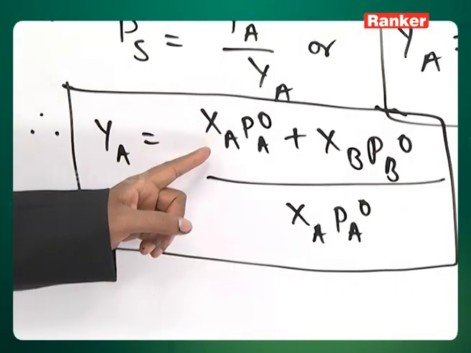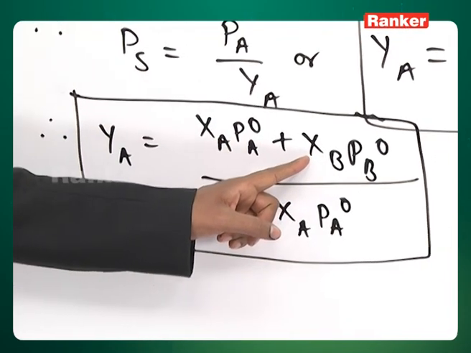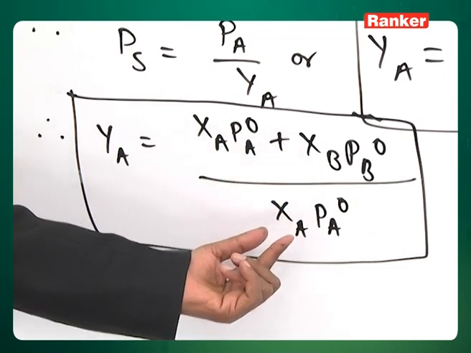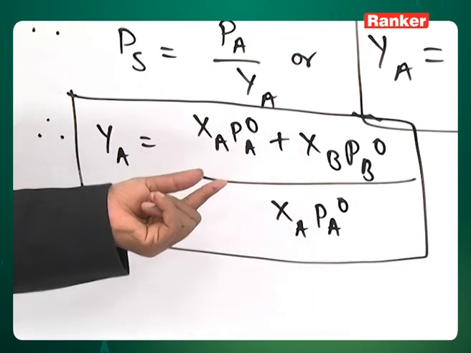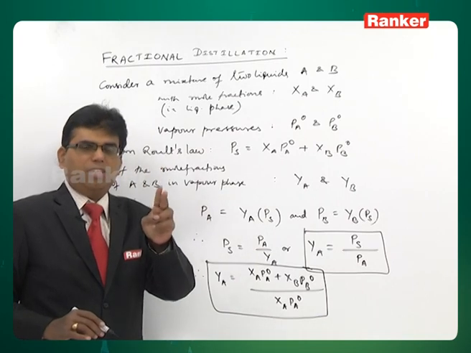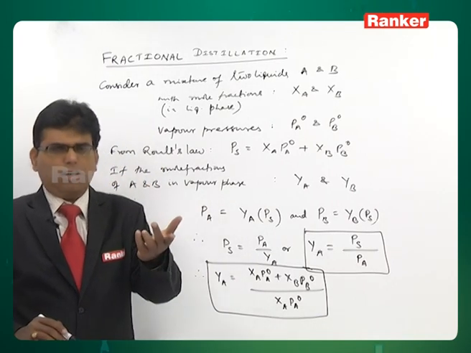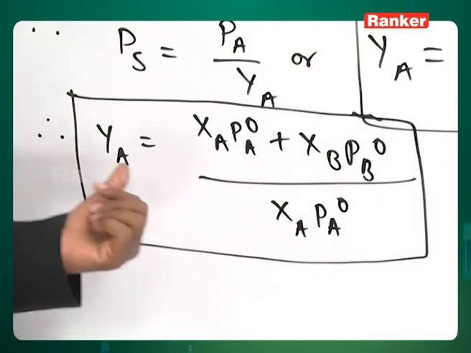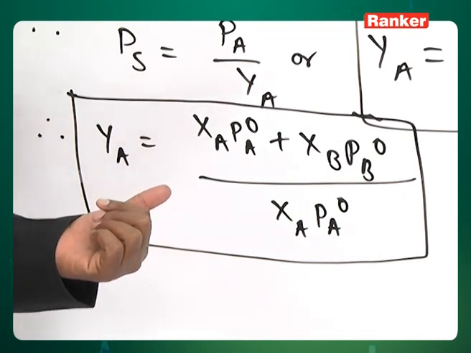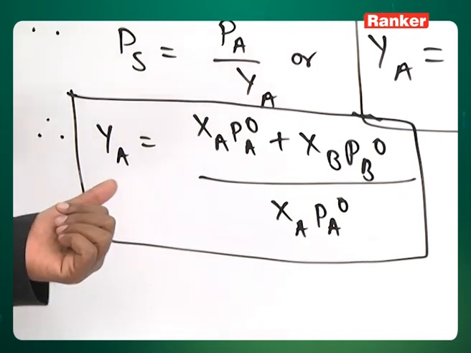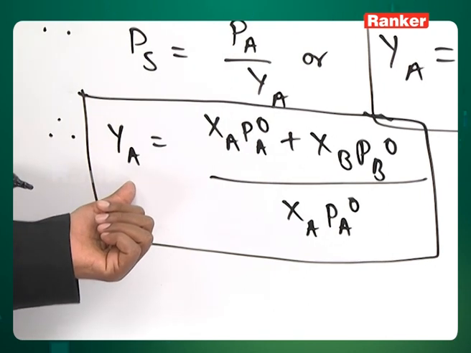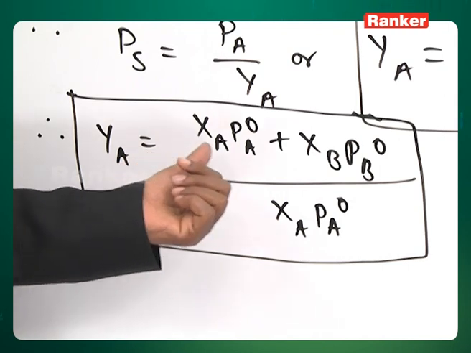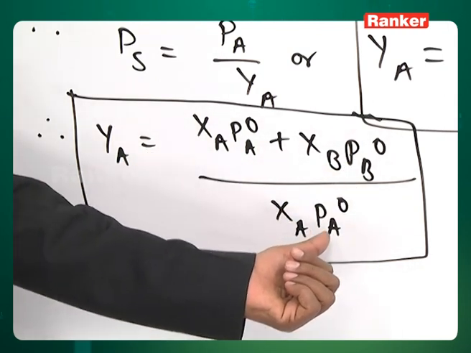So, if you know the values of X A and X B, and of course P A naught and P B naught, all these are given values. From this you can calculate numerically, if any two liquids are given with certain fractions, and obviously we will be knowing their vapor pressures in pure state, then in a mixture of those two liquids, when they are subjected to distillation, the fraction of any one liquid, say Y A, will be equal to X A P A naught by X A P A naught plus X B P B naught.